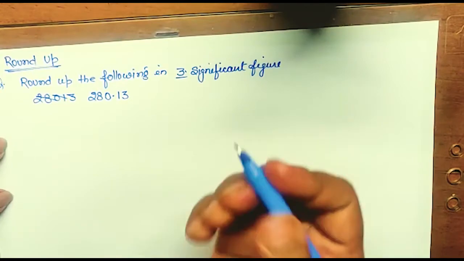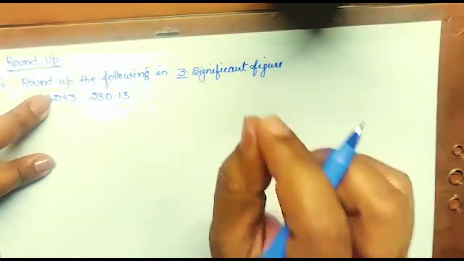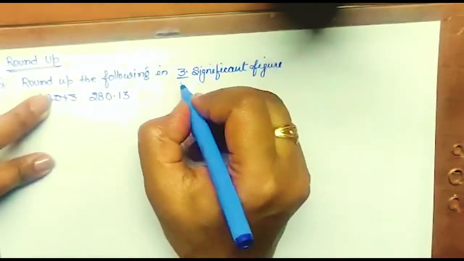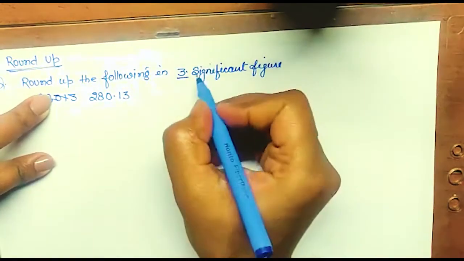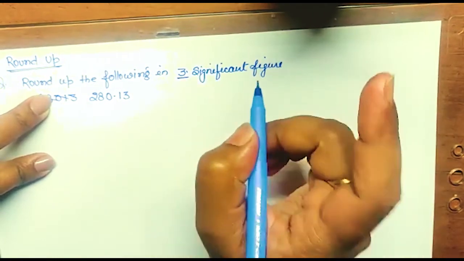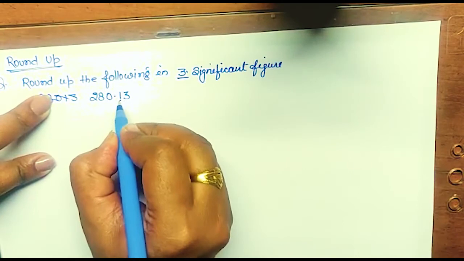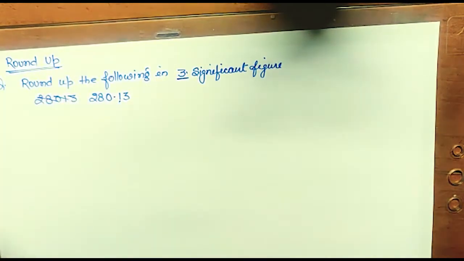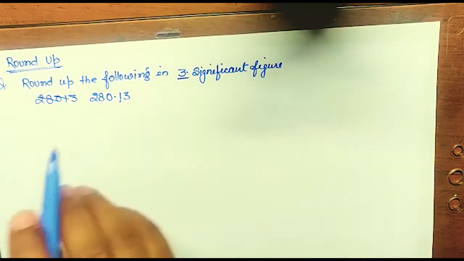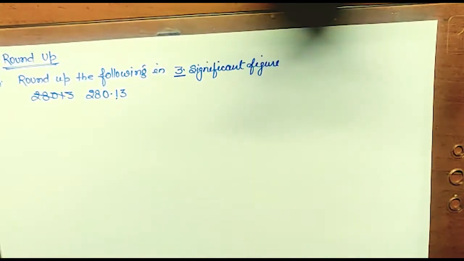Now if this is three significant figures, what you will do is check the fourth figure. Whatever number of figures is given, you have to check one more than that. So if it is three significant figures, you have to check the fourth digit, isn't it? If this fourth digit is less than 5, then that is not going to be rounded, and this number will remain the same.